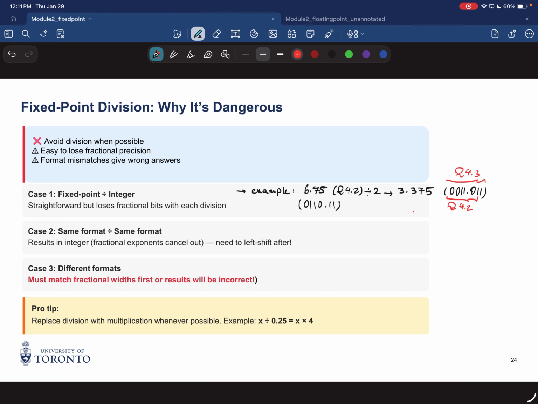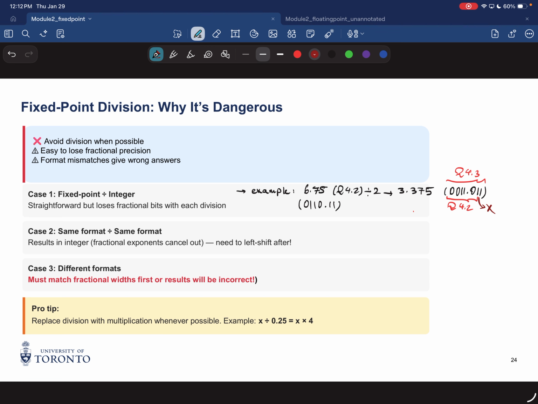But since the format is staying the same, the last bit, the LSB, is going to be dropped. This one. So we lose some accuracy, right? Truncation error that we talked about, accuracy error that we talked about. So just remember that it's straightforward, but you might lose some fractional bits.